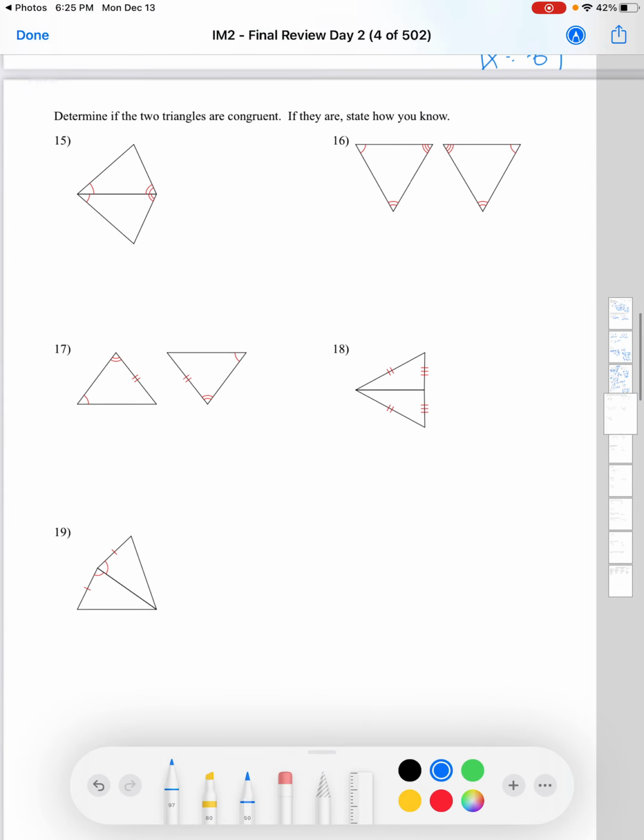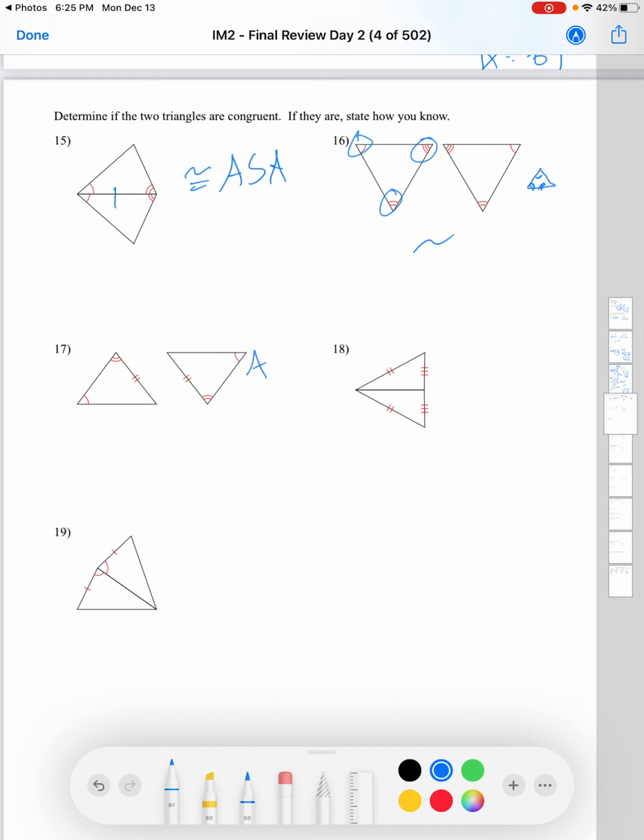Determine if the two triangles are congruent. We know this side has to equal one another, so yes, congruent, because angle, side, angle. These have 3 angles equal, but when we know 2 angles are equal, we can say they are similar, but they are not necessarily congruent, because you could have the same angles and make one triangle really tiny and one of them really big, and they would be similar but not congruent, but still have the same angles.